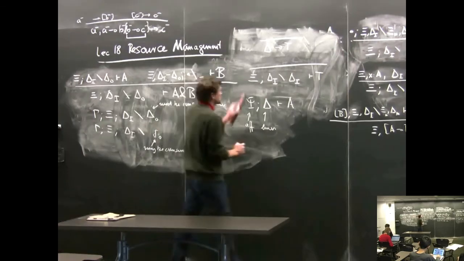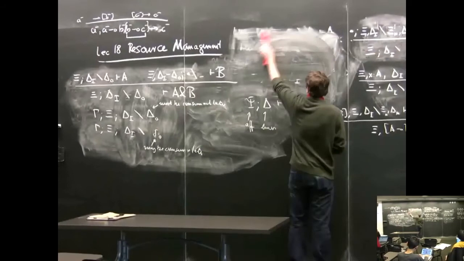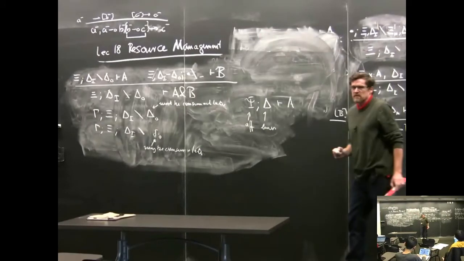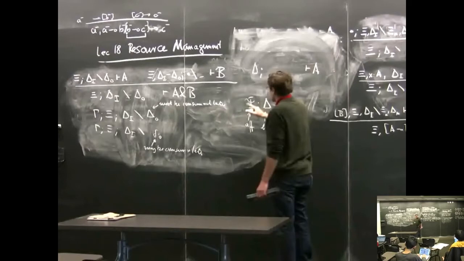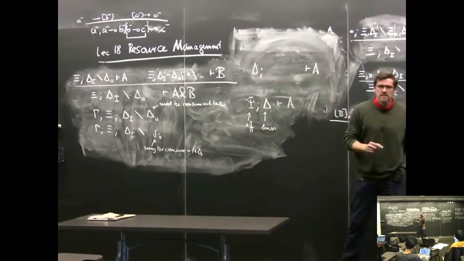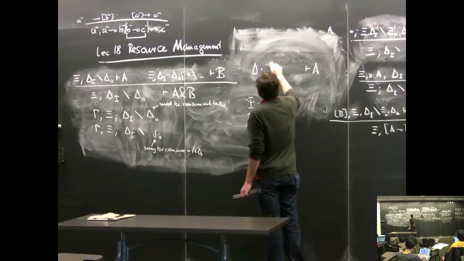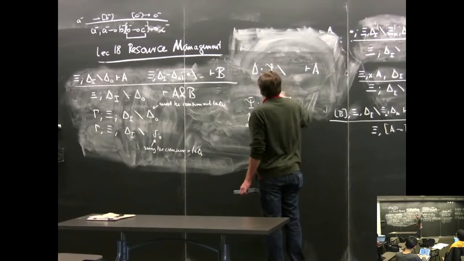So what resource judgment would correspond to that? So the delta goes into the psi context, because of the things we must use. The A stays over here. And what about the psi? And psi becomes the delta I. And what happens with the output?